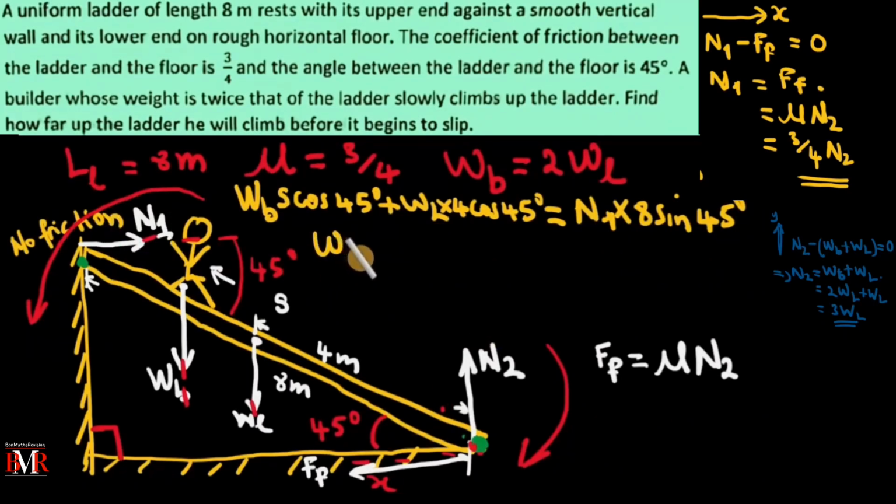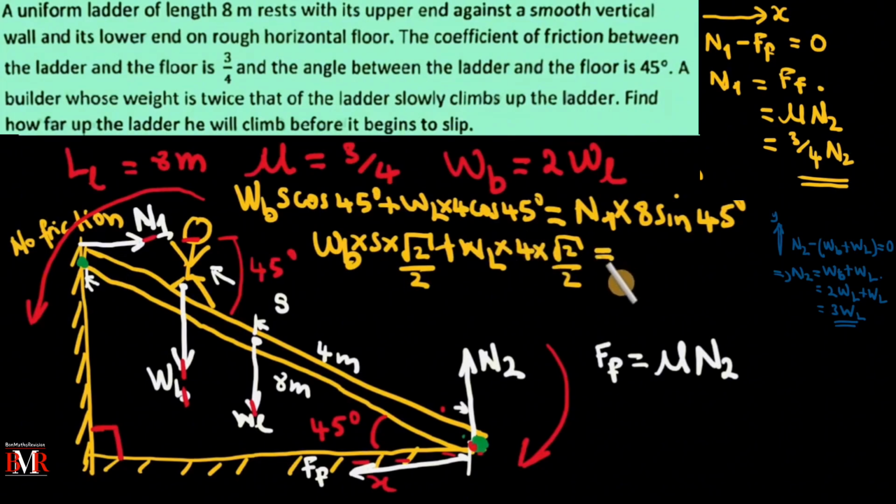Now I need to simplify this to calculate the value of s. That's WB times s times cos 45, which is root 2 on 2, plus WL times 4 times root 2 on 2, that's cos 45. That's equal to N1, which I obtained earlier as 3/4 N2.